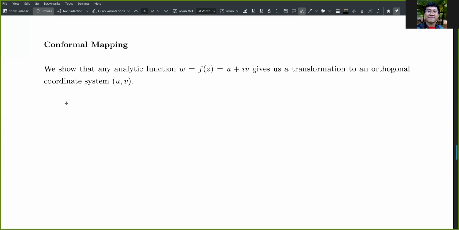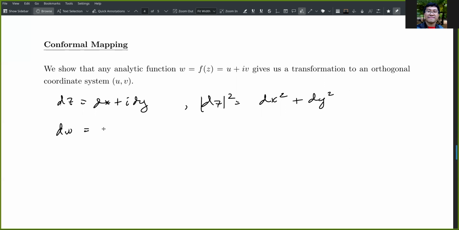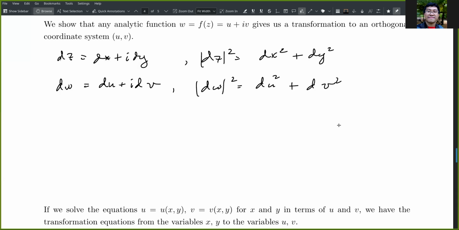So if we write our infinitesimal element dz as dx plus i dy, then the absolute value of dz squared is dx squared plus dy squared. Also, dw is written as du plus i dv. That would be the absolute value of dw squared equals du squared plus dv squared.